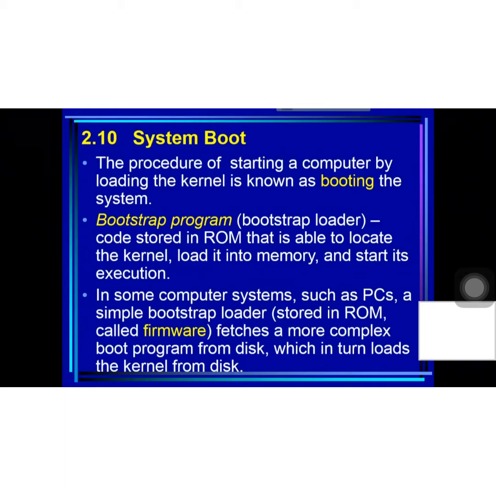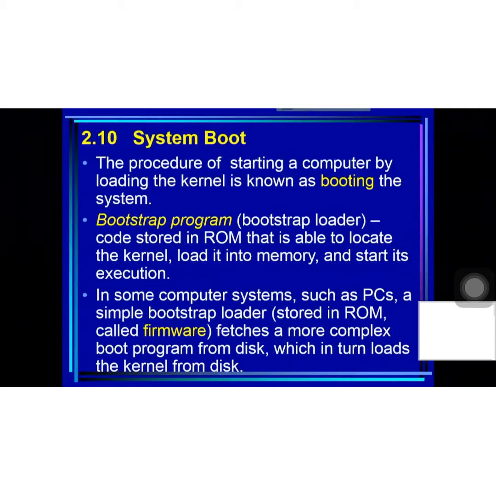A problem with this approach is that changing the bootstrap code requires changing the ROM hardware chips. Some systems resolve this problem by using erasable programmable read-only memory, which is read-only except when explicitly given a command to become writable. All forms of ROM are known as firmware.